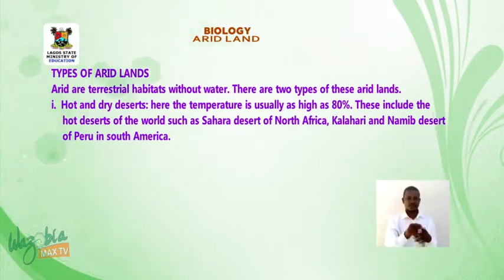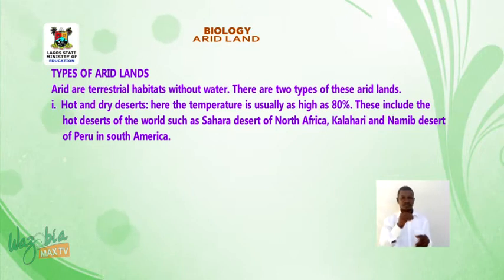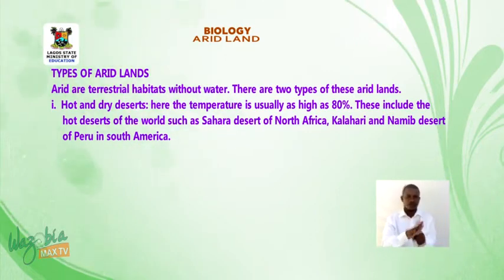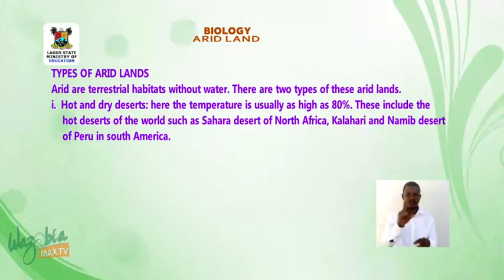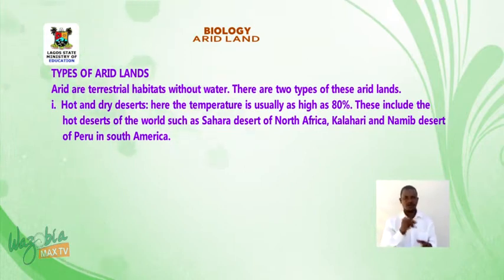Now, hot and dry desert. Here, the temperature is usually as high as 80 degrees, as I've mentioned. These include the hot deserts of the world, such as the Sahara Desert of North Africa.